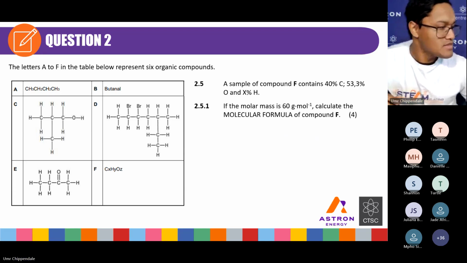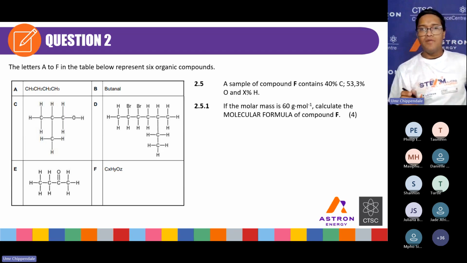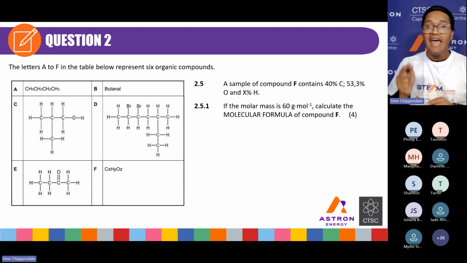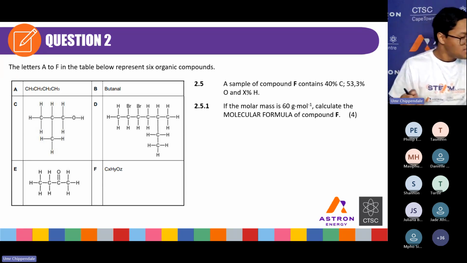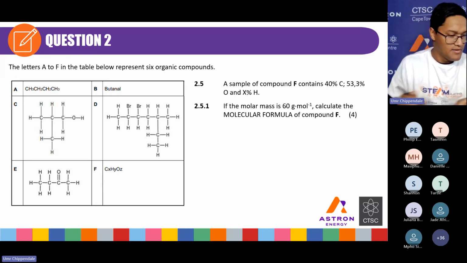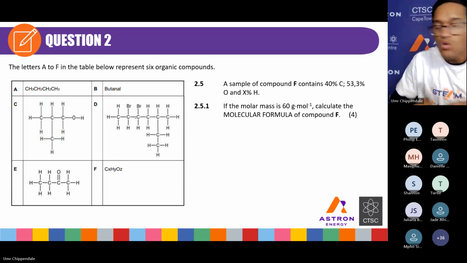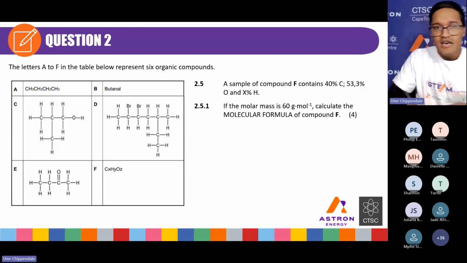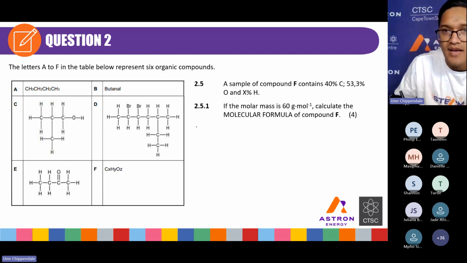2.5.1. So, okay, here it says, a sample of compound F contains 40% of carbon, 53.3% of oxygen, and X% of hydrogen. So we don't know our hydrogen. So what we're going to do here is write down what we know. Always do that. Don't just highlight and then move on. If you write down what you have, it will make it a bit easier.